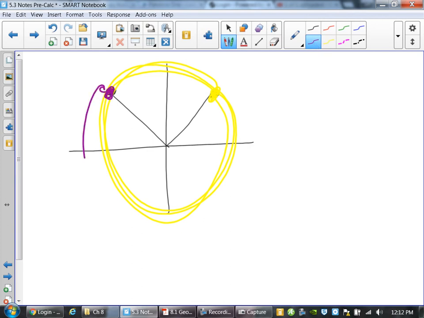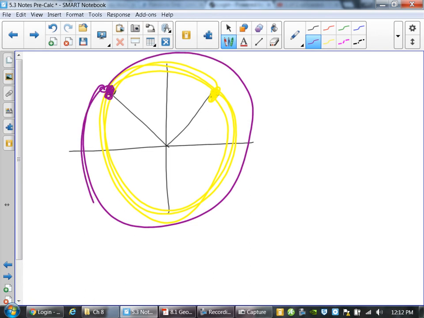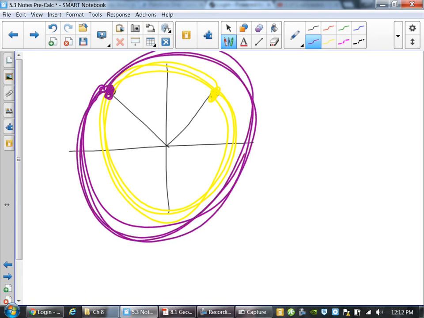Same thing here. You go around, you're back where you started. Every time you go around one revolution, you're back where you started. That's all it is. That's all it means.